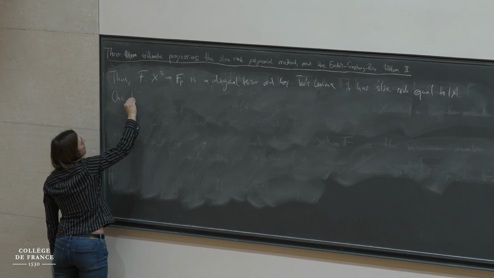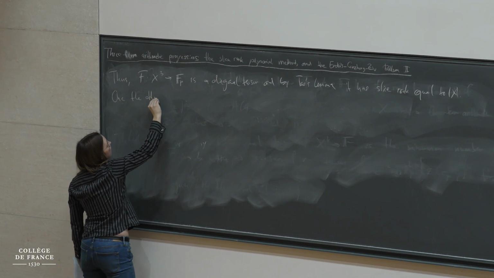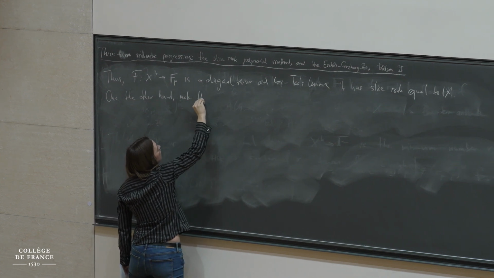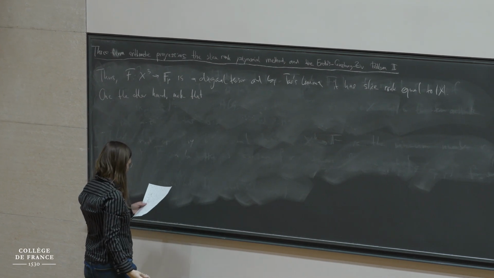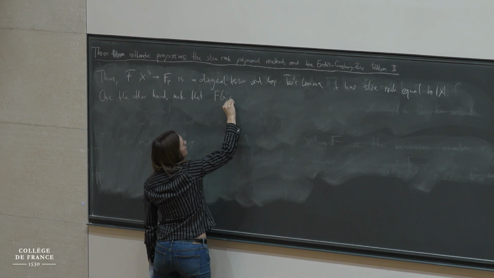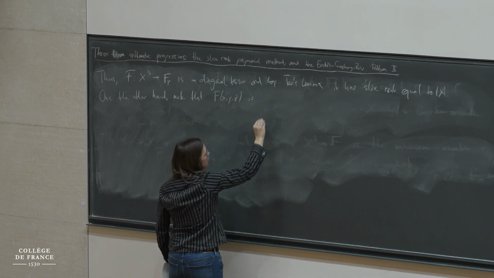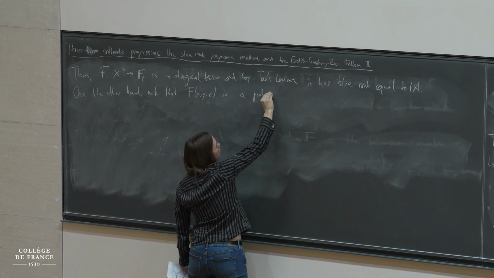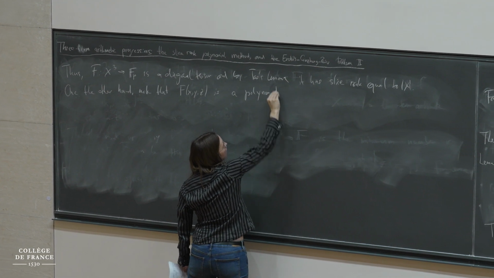So on the other hand, note that f of x, y, z is a polynomial, so we define it by some polynomial expression.